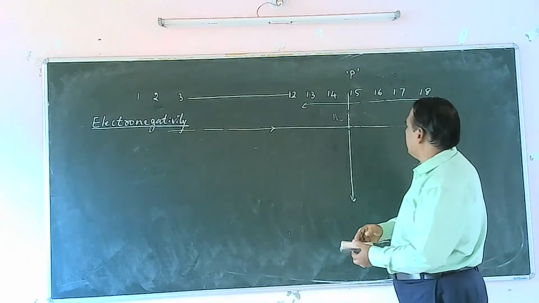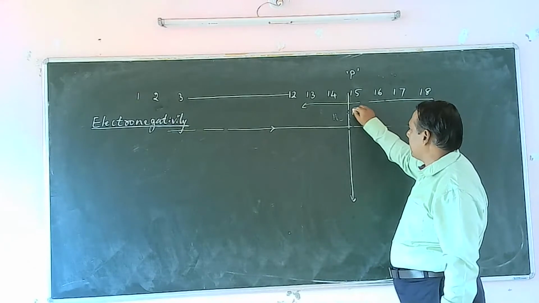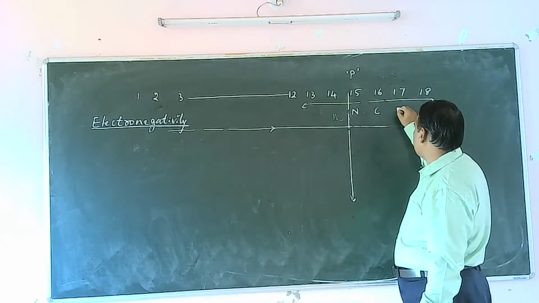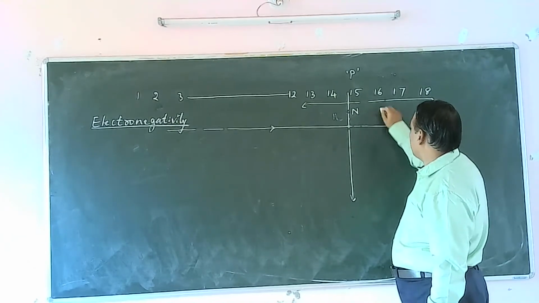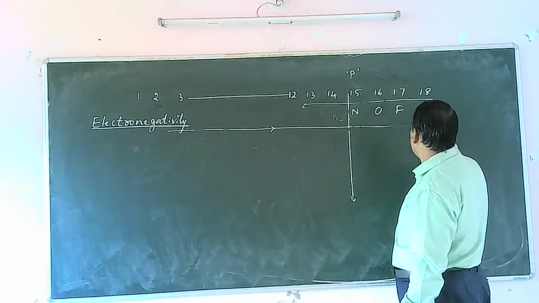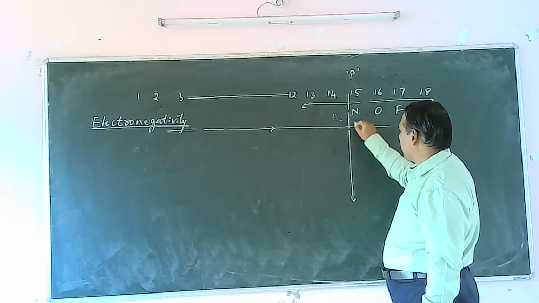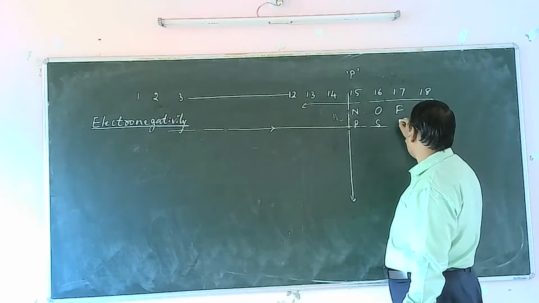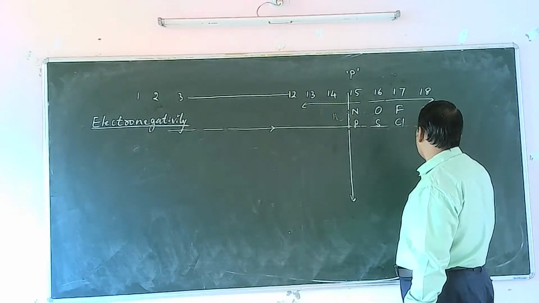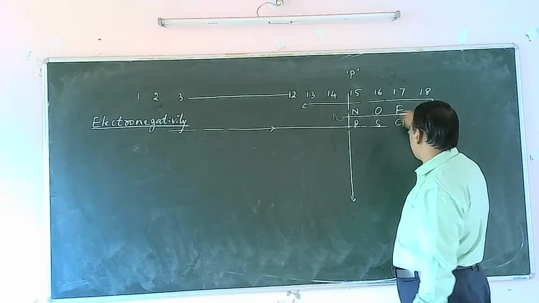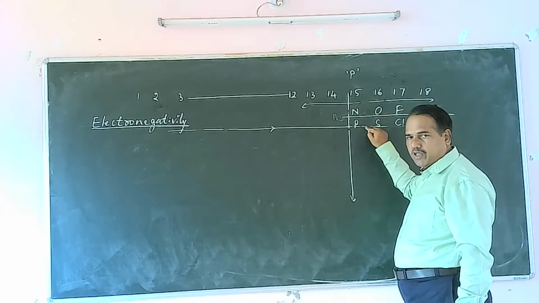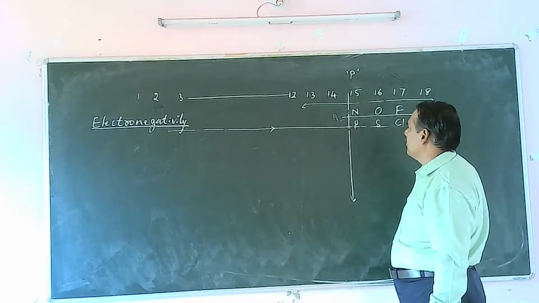See, this is a second period element: nitrogen, oxygen, fluorine, and neon. Next we have phosphorus, sulfur, then chlorine, argon. This is a second period element and a third period element, like that it goes on continuously.